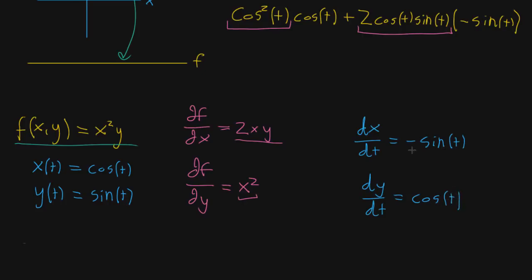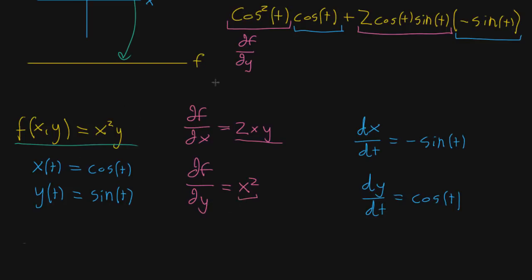And these guys show up, right? You see negative sine over here. And you see cosine show up over here. And we could generalize this. We could write it down and say, at least for this specific example, it looks like the derivative of the composition is this part, which is the partial of f with respect to y, right? That's kind of what it looks like here.